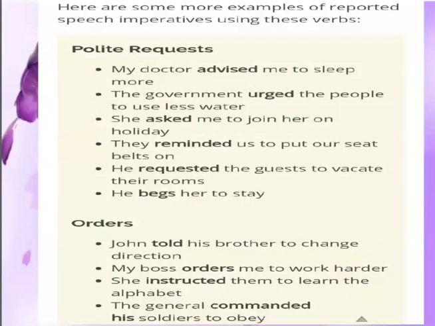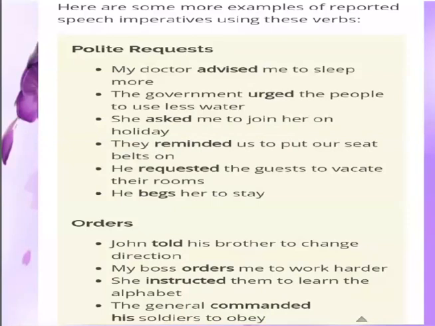For orders: John told his brother to change direction. The boss orders me to work harder. She instructed them to learn the alphabet. The general commanded his soldiers to obey. Take note of the words that have been darkened. These are the particular verbs we use when we're reporting imperative sentences.